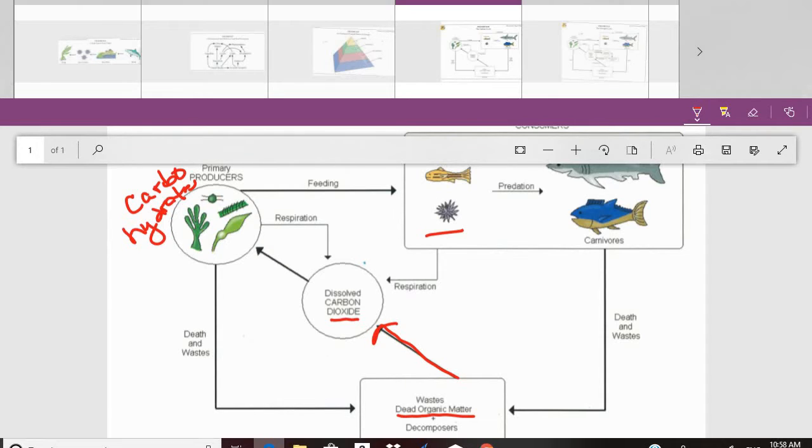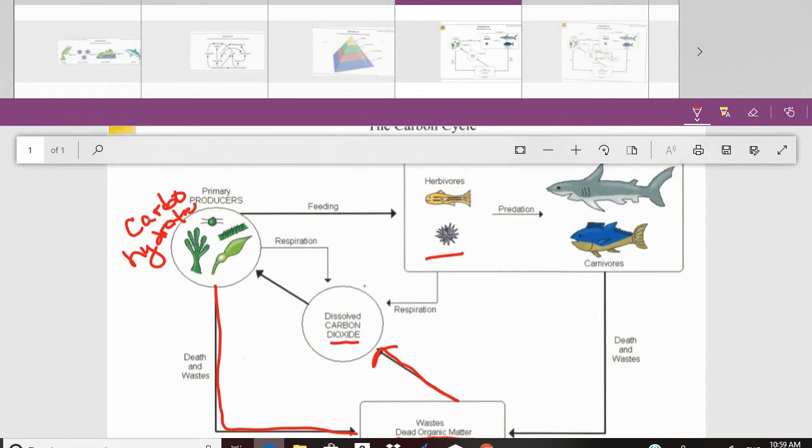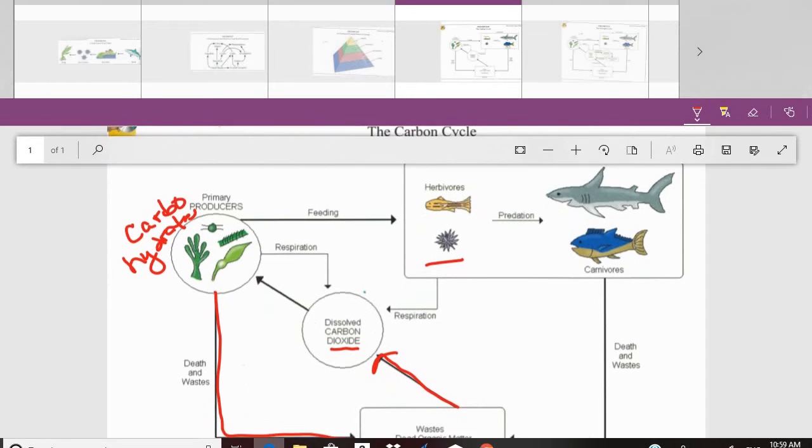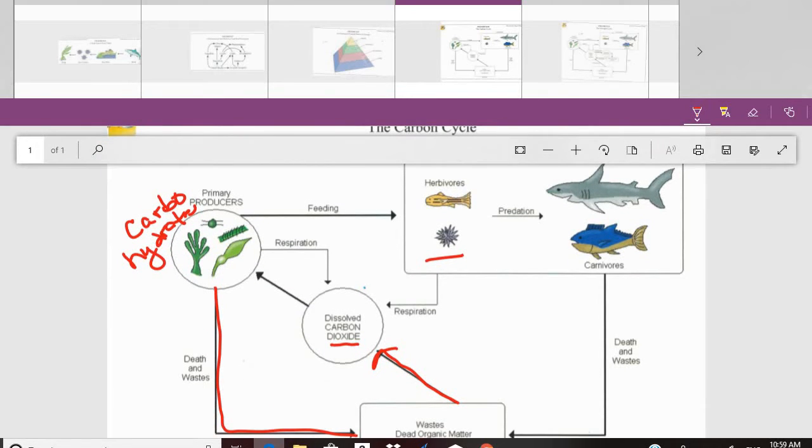And then this here is showing that the plants can also die, and if the plant dies and it doesn't get consumed, then it also will be recycled by these decomposers, and you get the carbon dioxide back again. So it's a cycle where we start with carbon dioxide.